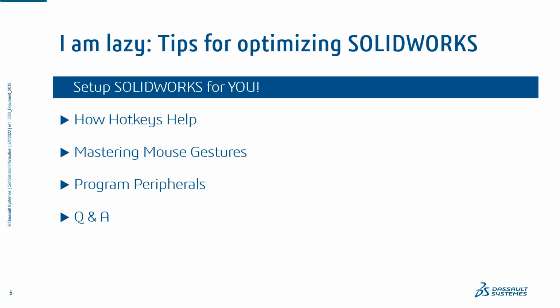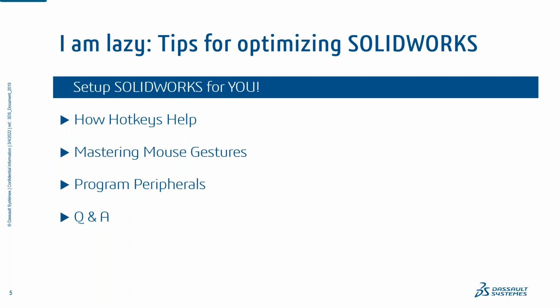So the first topic for today is setting up SolidWorks for you. Now, I know that most everybody has a cell phone, right? And when you get the cell phone, the first thing to do is change the ringtone, set the background, change the lock screen and password. This is kind of the same setup for SolidWorks.